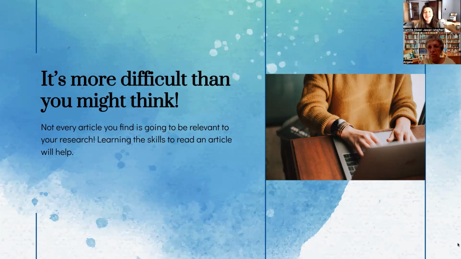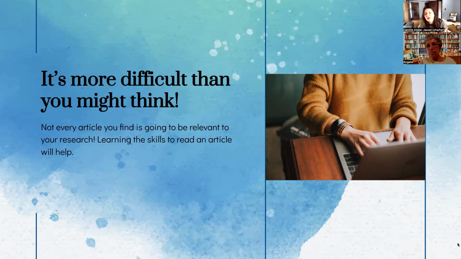The only thing this probably won't cover are our humanities folks that aren't doing empirical research, that maybe are analyzing literature or primary sources. Those kinds of things might be a little different, but this is a really solid framework for most of the journal articles you're going to come across as you begin to research with the library.